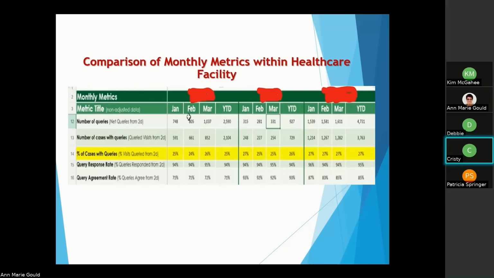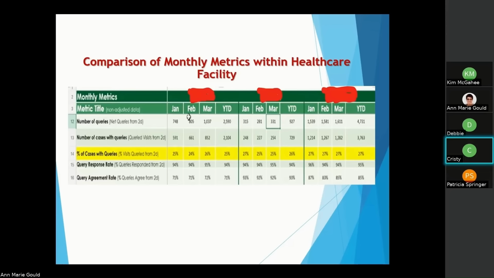With that many CDIS, you've got a lot of patients, so your numbers are going to be higher. Productivity is 25 per day. So 25 times 18 people, that's why you could see a large number. A lot of queries sent.